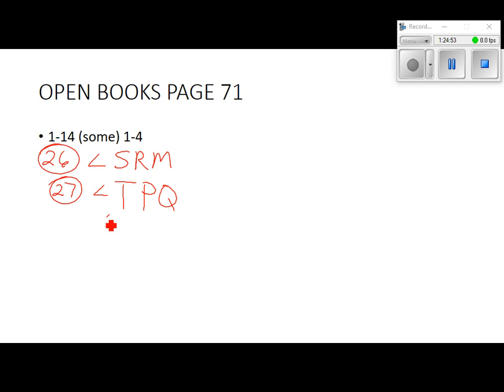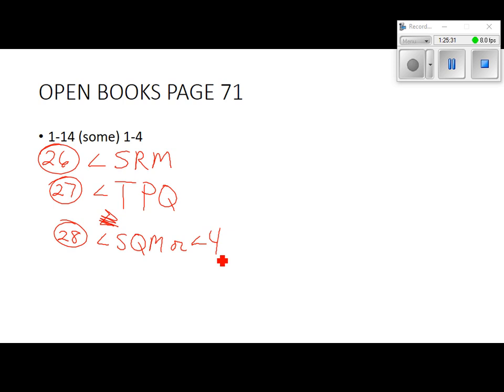A lot of you are probably looking at it and trying to use a number. Well, in that case, they didn't give you a number, so I can't name it a different way. That's the other way. 28, same idea. They said angle MQS. Well, I could name it angle SQM. It's a different way to name it. And if you look over there, SQM, we could have also named it angle 4.